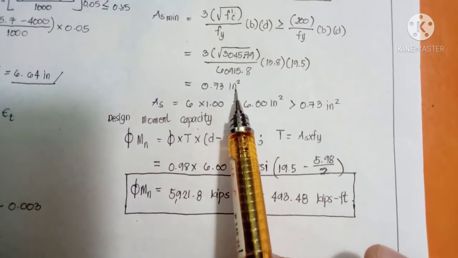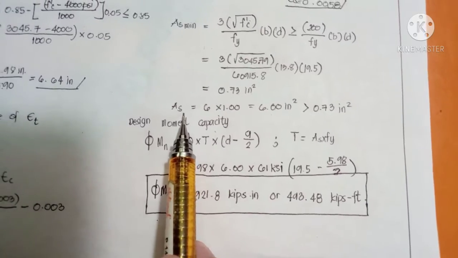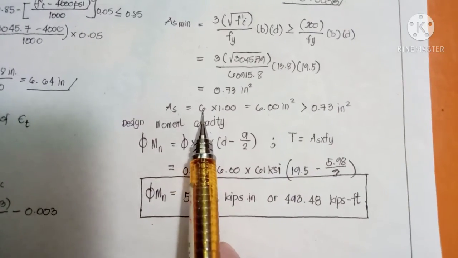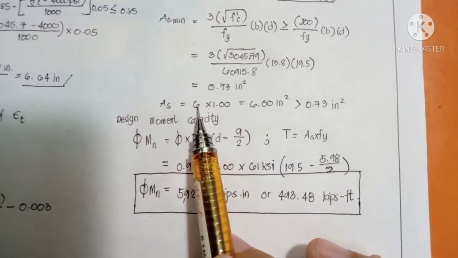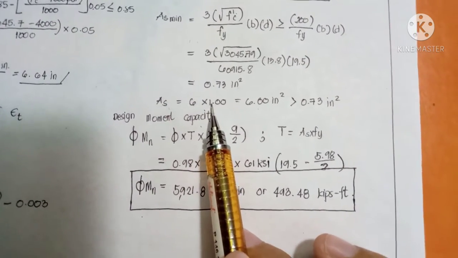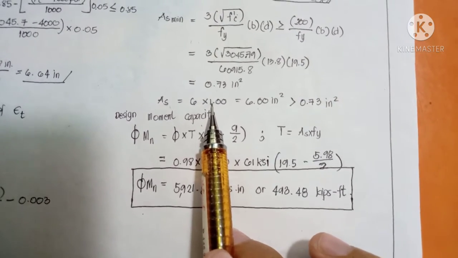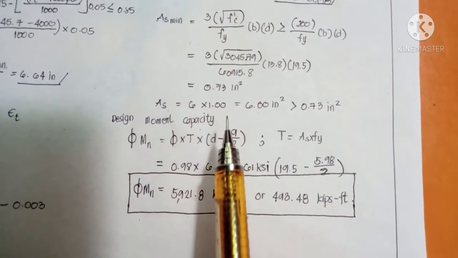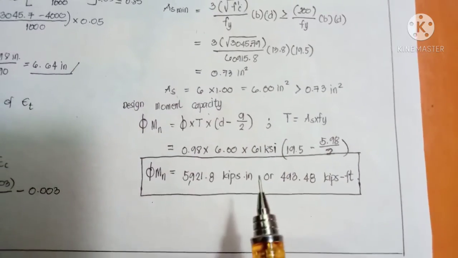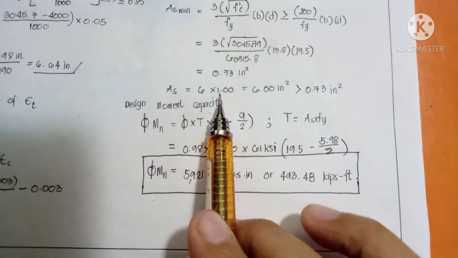we have the minimum steel requirement of 0.73 inches squared. To know the area of the steel, we have the number of bars in our beam times its area, and it is said that the diameter of the number 25 bar is equal to 1 inch.